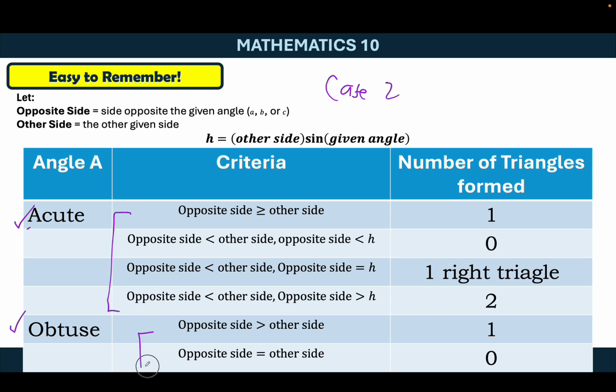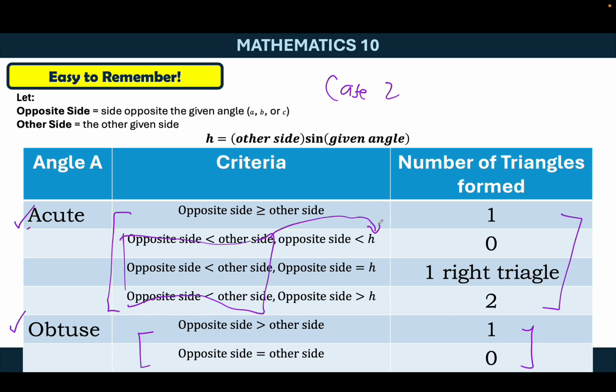Kapag obtuse, ito yung criteria natin. Okay? So, ito naman yung mga number of triangles na pwedeng ma-form. And dito naman for obtuse. Okay? Opposite side and other side, kapag greater than yung opposite side compared to other side, one triangle lang ma-form. Kapag less than, si opposite side is less than the other side, tandaan nyo, ano ang kukunin?